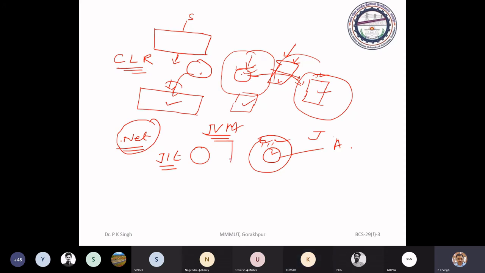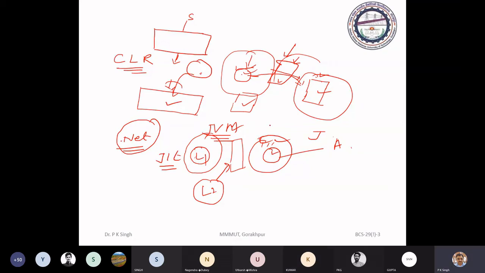But if you use an intermediate form, then it will divide the job into two portions. You can change the language by just changing this compiler only. Suppose this is L1 language, you can write a compiler for L2 language that produces bytecode or CLR. And then you need not bother about this, because bytecode and CLR get implemented by this virtual environment on the machine.